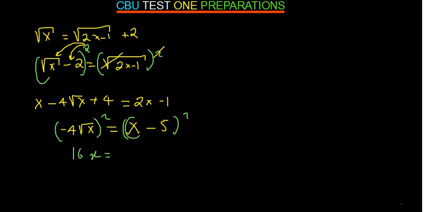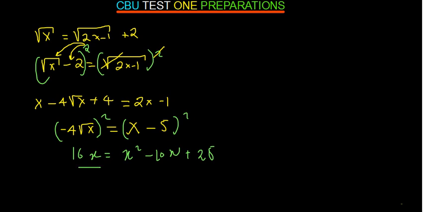x squared. You get the first term, you square it, so that will be x squared. And then 2 multiplied by 5 multiplied by x, that is going to be negative 10x. And then get the 5, you square it, that is going to be positive 25. If you want, write x minus 5 two times, and then you start crossing and multiplying like that. And then I'm going to take everything to the same side.